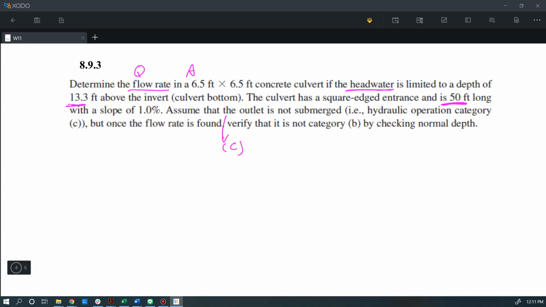Okay, and to find the flow rate and to verify that the flow rate that we found is not category B. Okay, so what are categories B and C?